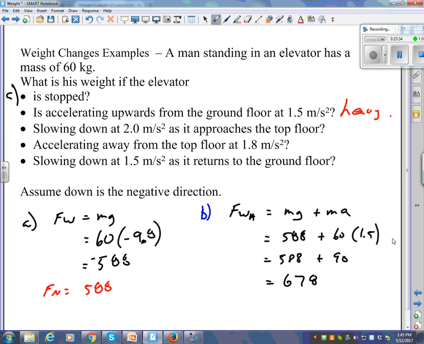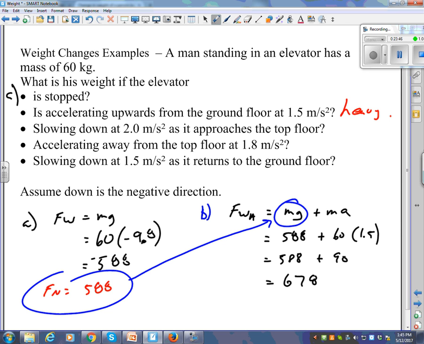But this 588 is mg, that's minus 9.8. How come this one isn't negative? Well, really what we're talking about here is not mg, it's the equal and opposite, right? It's really the normal force. And again, I understand people get, oh, I just want a rule about when it's positive and negative. I'm not going to give you one. You're going to have to think.